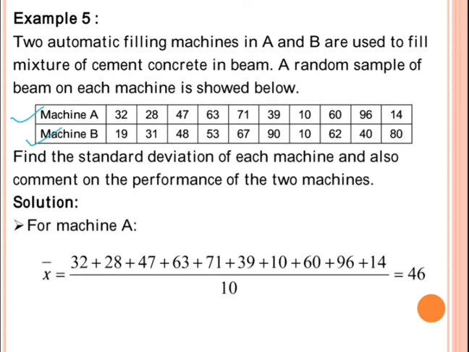First you have to find the standard deviation of machine A and of machine B. Next, also comment on the performance of the two machines, which one is better.